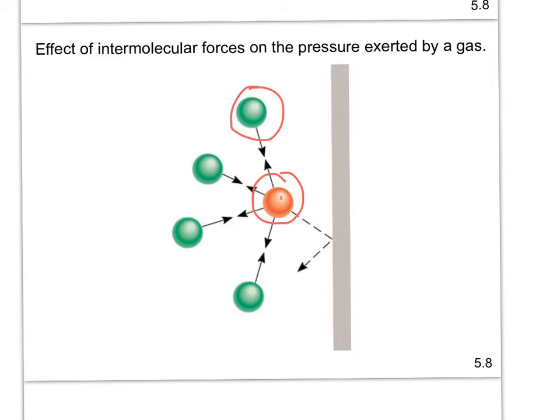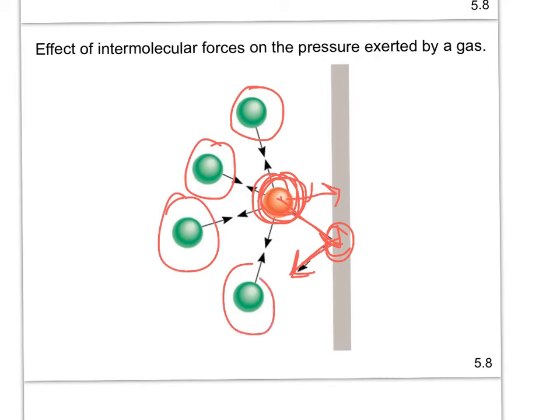The point is, think about what would happen as this gas is moving toward the wall. It's going to hit the wall and ricochet off. This is the source of pressure: hitting the wall and then ricocheting off. If this gas is attracted to other gases in the sample, whether to more of itself or a different gas, that could slow down the speed with which it collides against the wall.